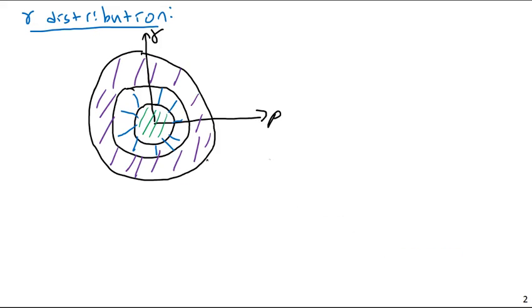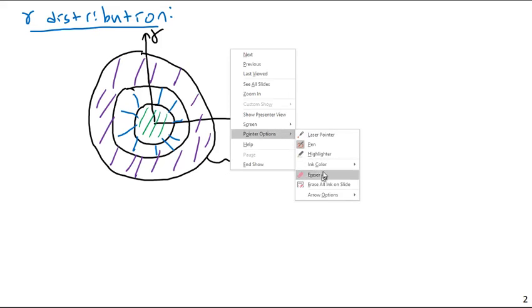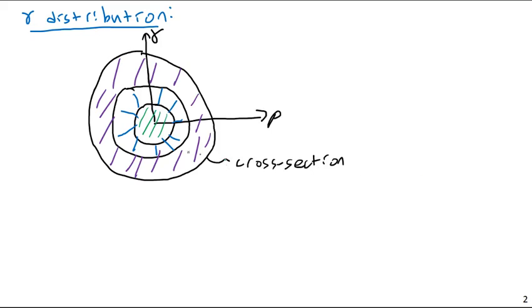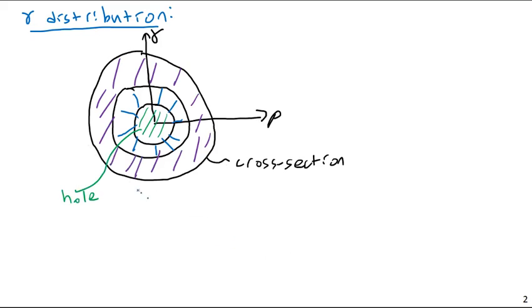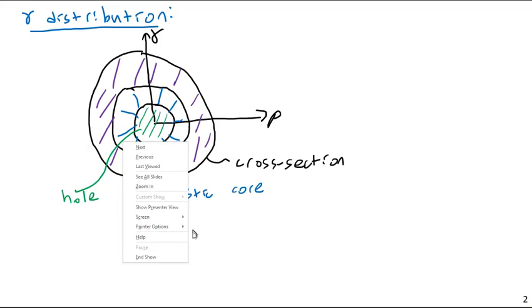The cross section is in black. In the green, I have a hole, just a hollow section in the middle. In the blue, I have the elastic core. And in the purple, I have a plastic annulus.